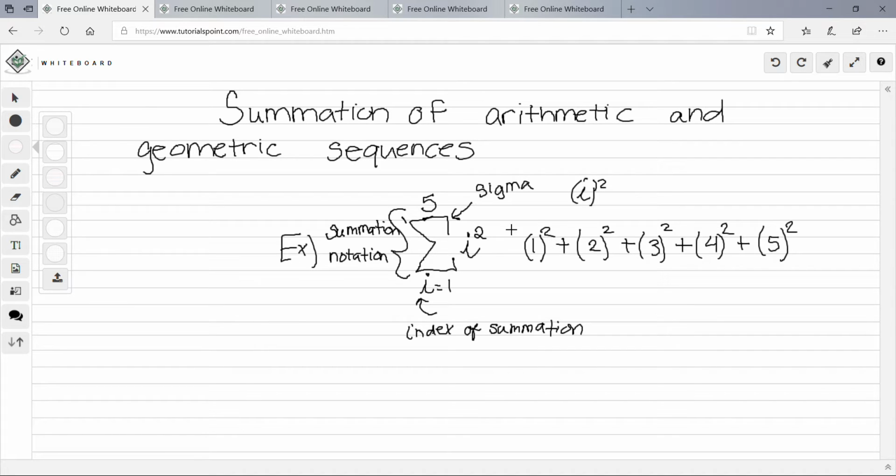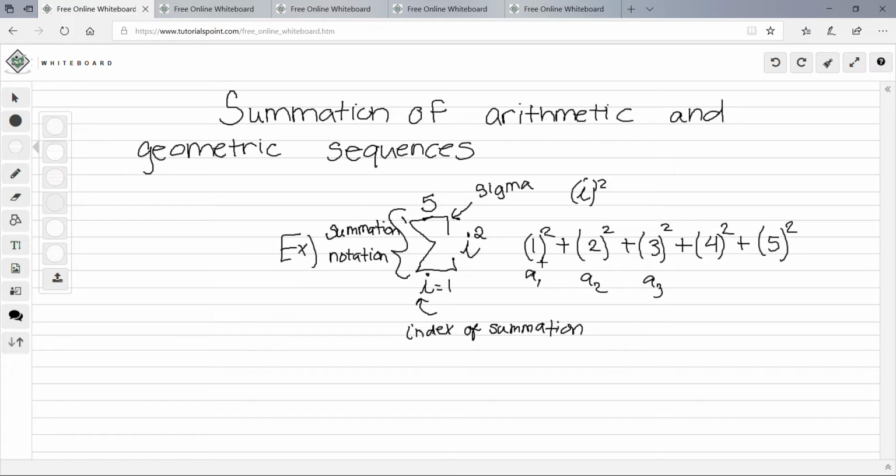So when we plug in our first term, it will be 1 squared. That'll be our first term. And then our second term would be 2 squared. And then our third term is 3 squared. Do you understand how I got 3 squared? I'm plugging i with the term.